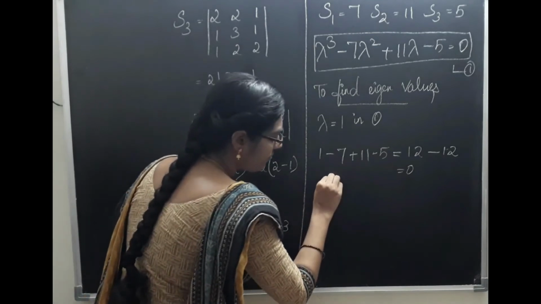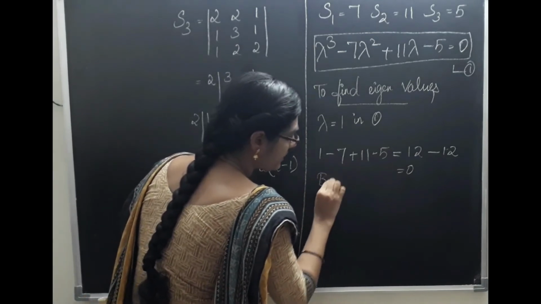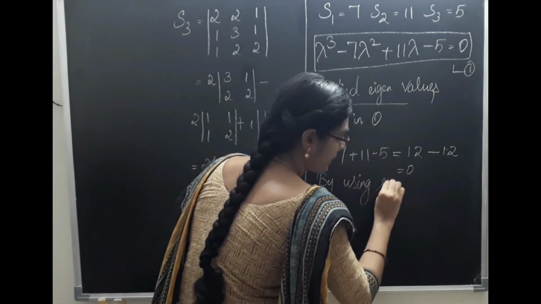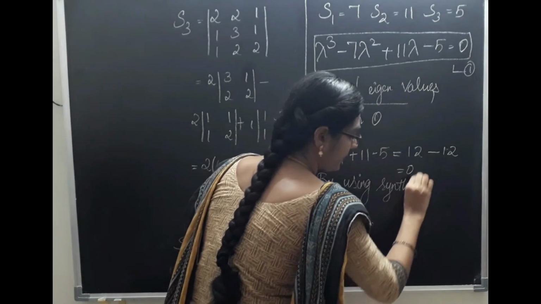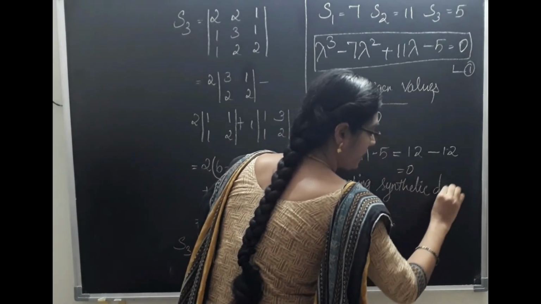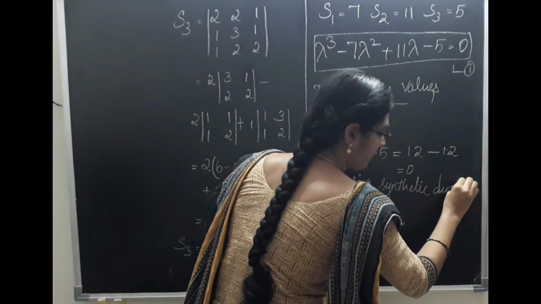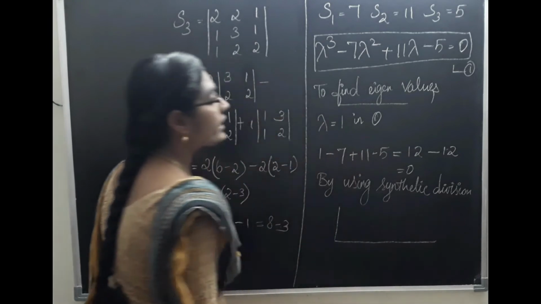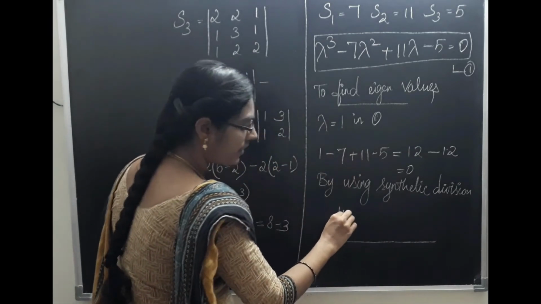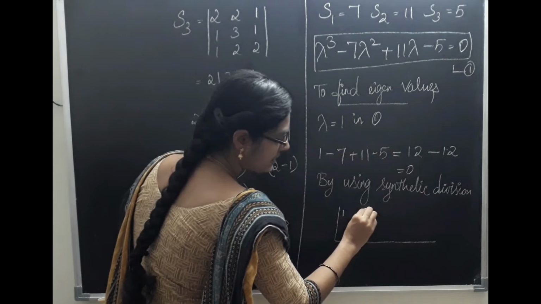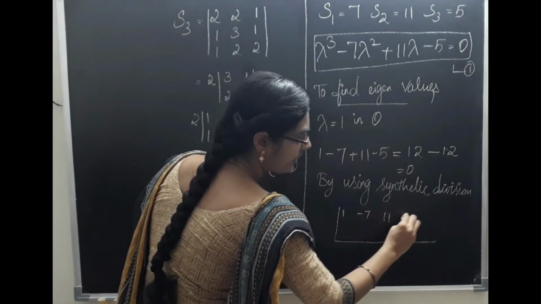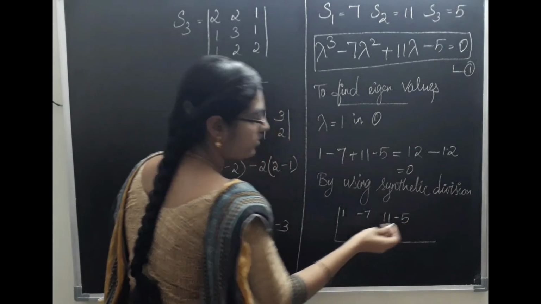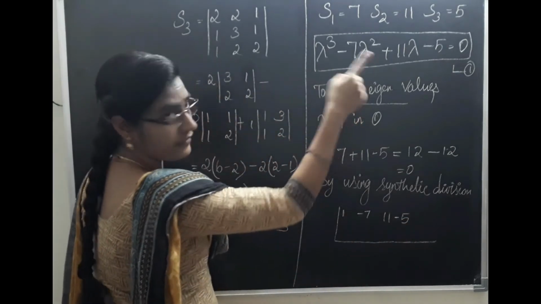Okay. So using the synthetic division method, write down the coefficients of the equation alone: 1, minus 7, 11, minus 5.